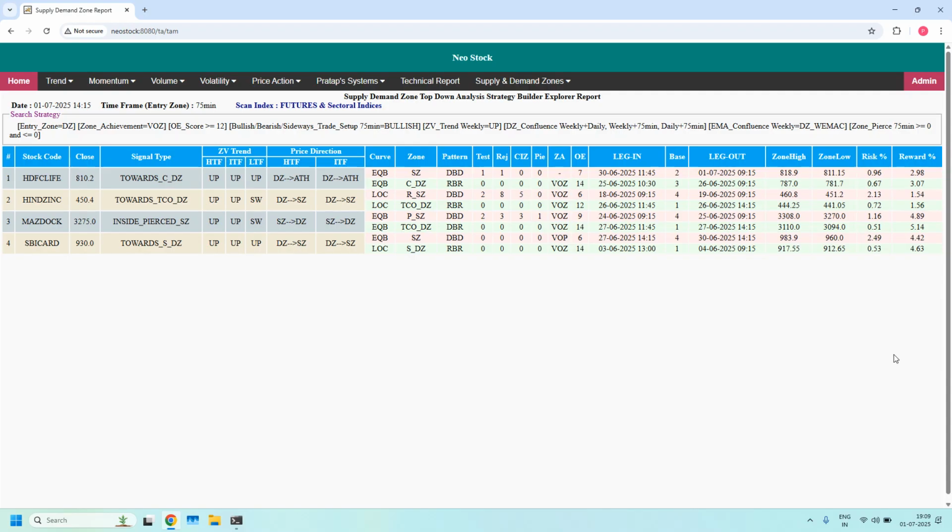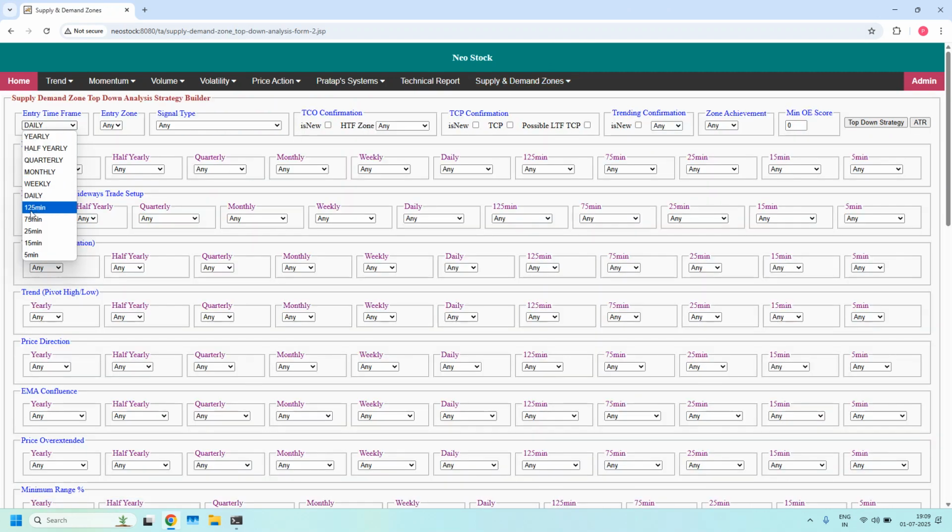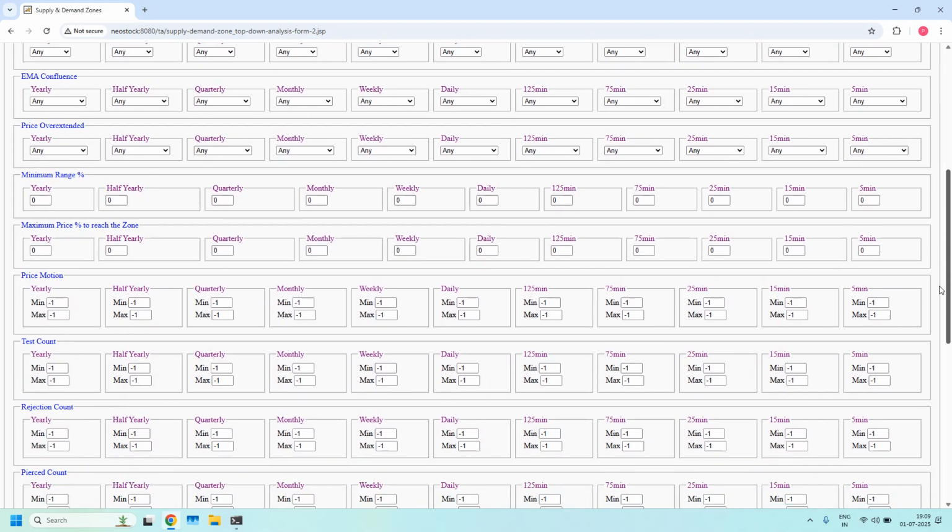Next we will look into bearish trade setup for weekly income trade. Entry time frame 75 minutes, entry zone, supply zone, bullish or bearish at 75 minutes, selecting bearish, zone achievement VOZ, minimum order enhance score 12, and also 75 minutes supply zone should not be pierced.